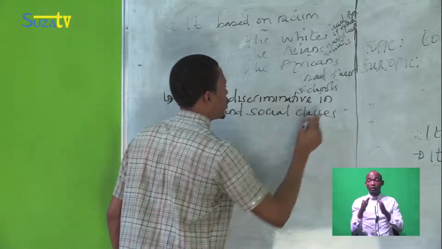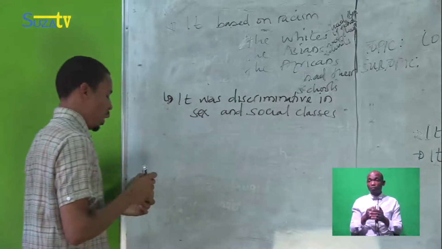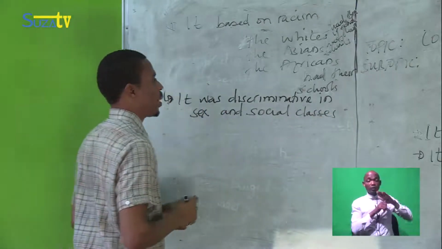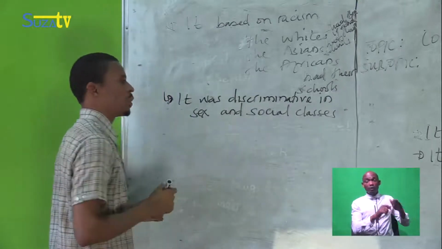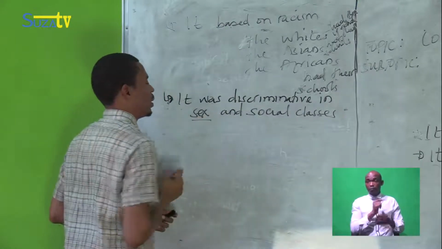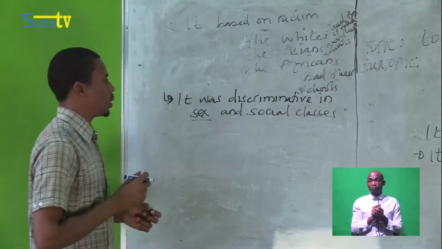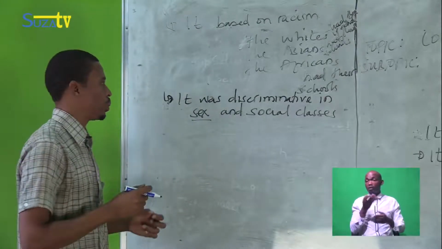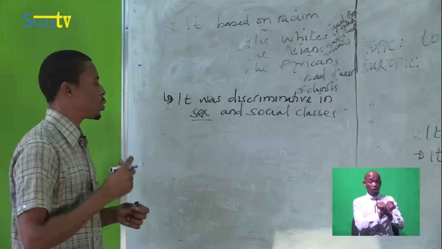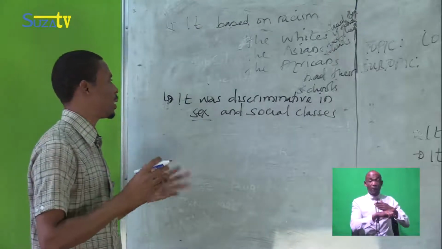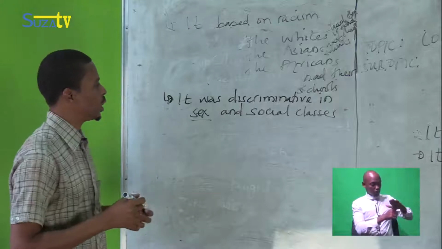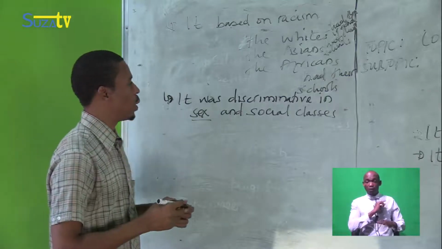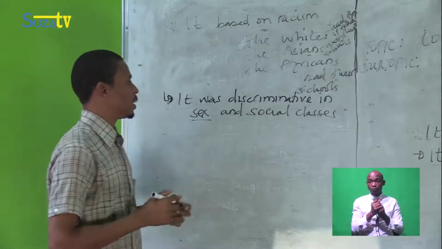Here we have two things. We have discrimination in sex. This means colonial education was provided based on sex segregation or discrimination, and on social classes.